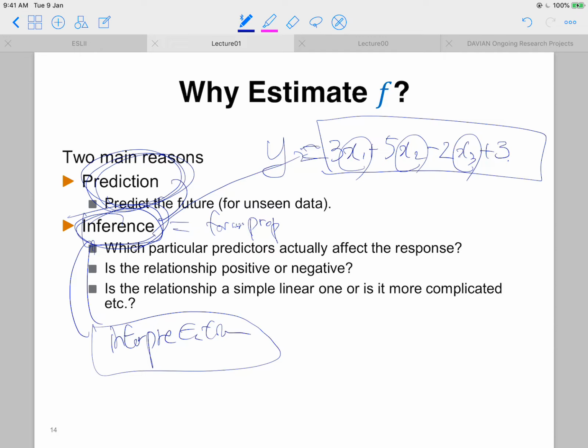Also, x2 is positively related: if x2 increases, then due to this positive coefficient, y will also increase. But x3 has a negative influence.